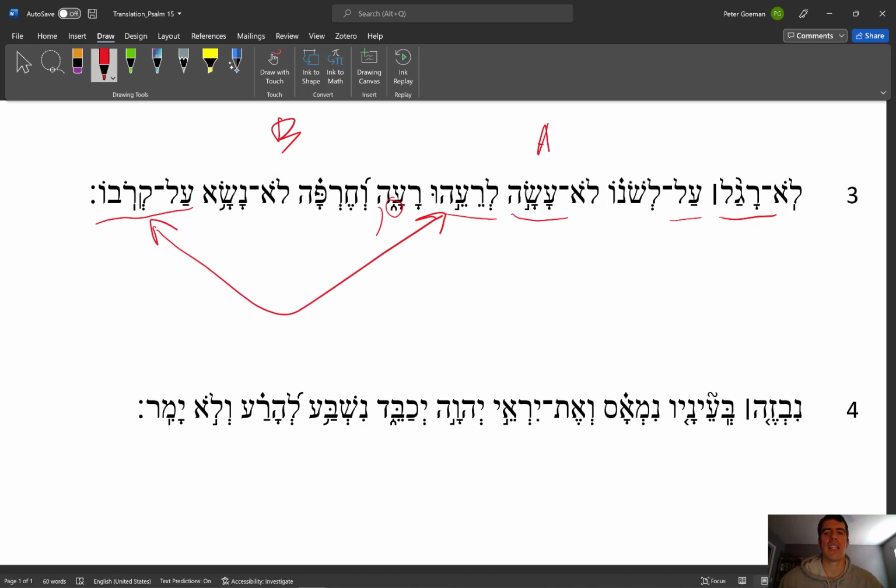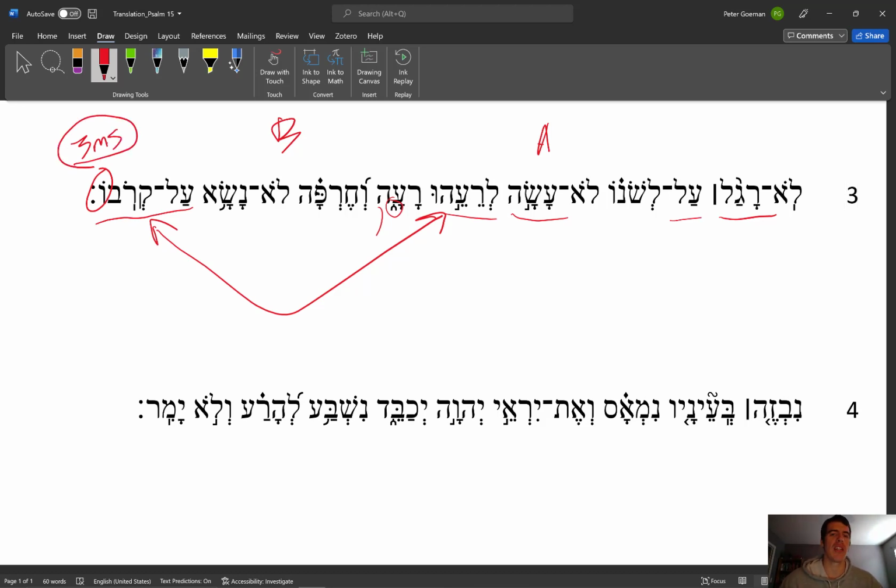So he doesn't do evil to his friend or his neighbor, and he doesn't lift up a reproach, bring an insult or a reproach against his neighbor or the one who is near to him, the karov. And then the 3ms is telling you it's his near one.